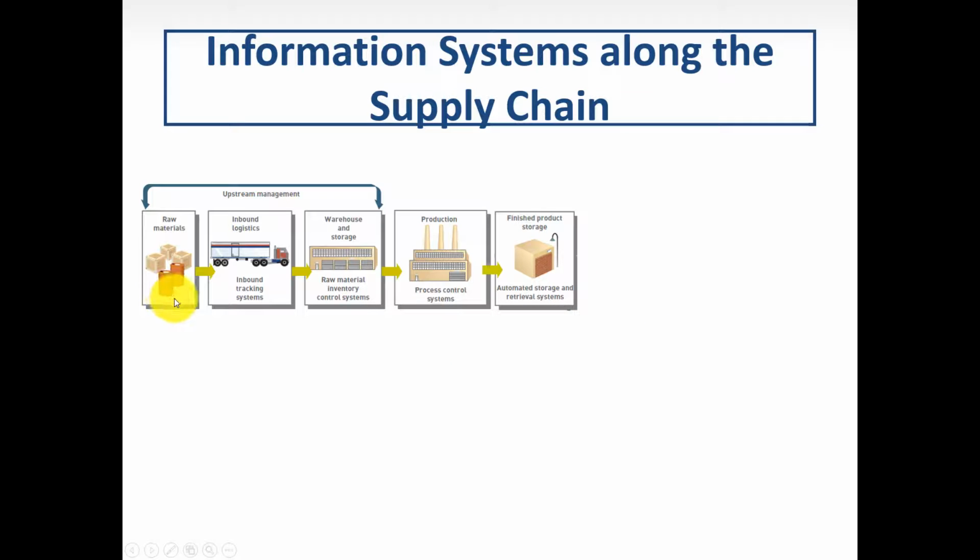So let us start with the upstream management part, and that is the supply side. Here there is a material flow, the raw materials are flowing, the inbound logistics, and the warehouse and storage. This is our company receiving these trucks. We extract those raw materials from our storage and we produce.